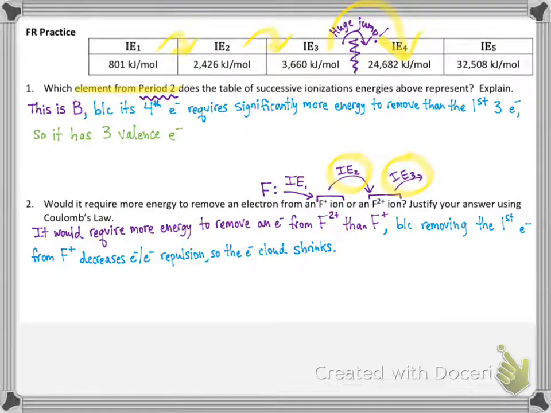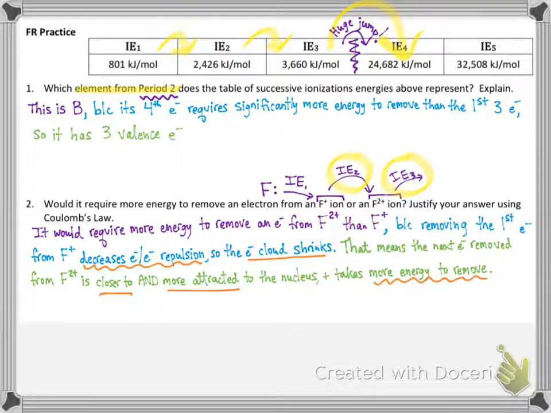Okay, as far as an explanation, you're like, well, it's because after I've removed this first electron from F plus, it decreases electron-electron repulsion. And the key here is, if you have less electron-electron repulsion, your electron cloud shrinks. Then, when you're taking that next electron from F2 plus, the electron you're taking is closer to the nucleus, it was more attracted, it takes more energy.